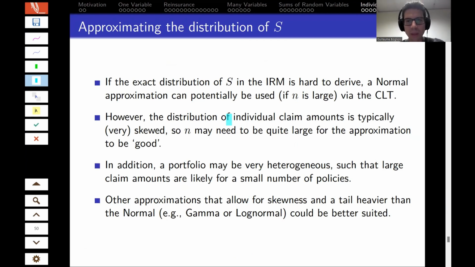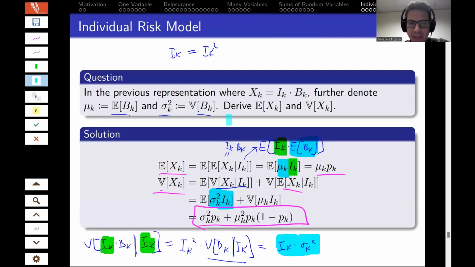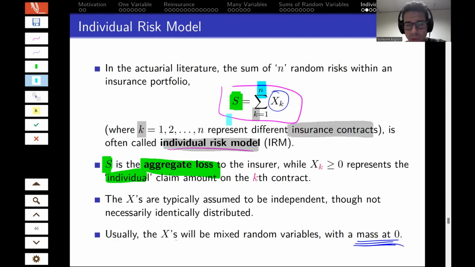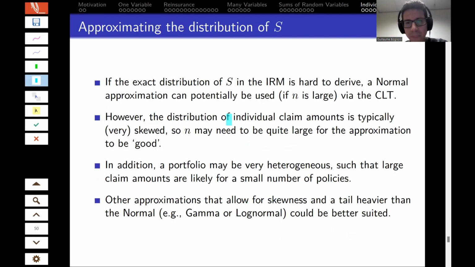Because S is just a sum of independent random variables, you might think, okay, if n is large enough, I can use the central limit theorem to say that S should be approximately normal. That makes sense theoretically, but the central limit theorem applies if n is very large, and in principle if the random variables are identically distributed.